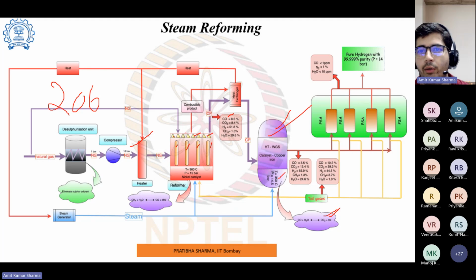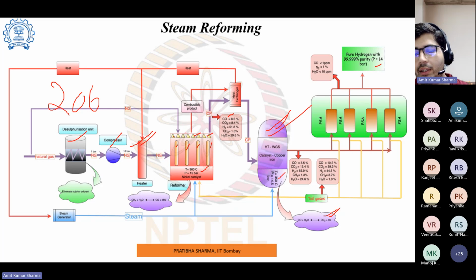The PSA separates out the pure hydrogen, and the remaining PSA off gas, or tail gas, goes to the combustor and is burned there, and the heat is used for the steam reforming. So this is the flow diagram. The major parts are the cleaning unit, compressor, preheater, reformer, and water gas shift reactor.